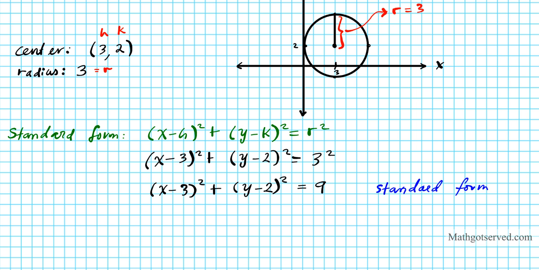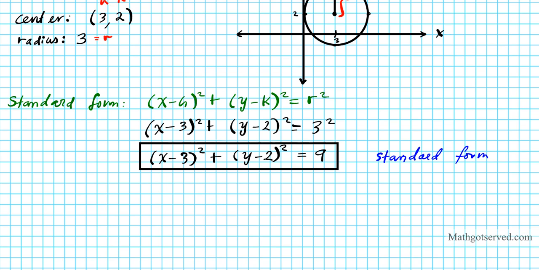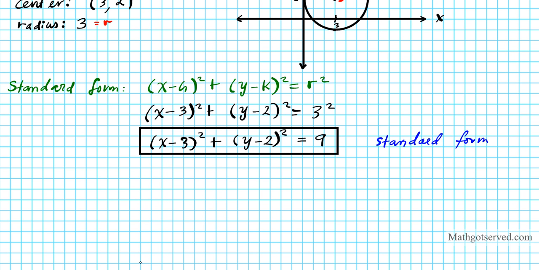So that's my first answer. For the second answer, I was asked to write the equation of my circle in general form. Before I start, I need the formula for the general form of the equation of a circle to guide my formulation.